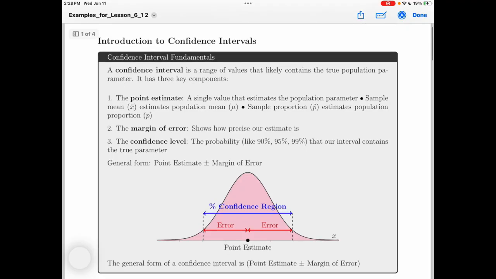We have a point estimate, and the point estimate is going to be the center, which is the sample statistic, whether it's the sample mean or the sample proportion.